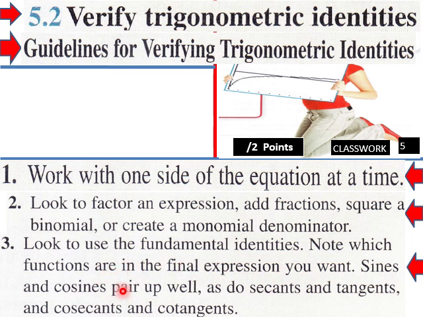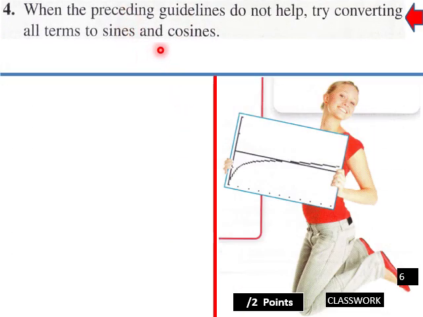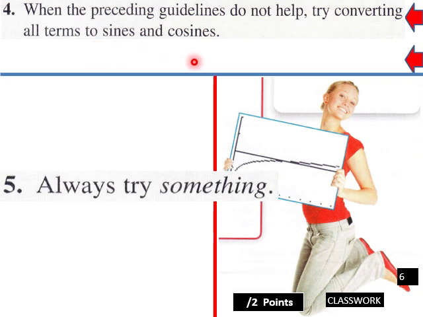Note which functions are in the final expression you want. Sines and cosines pair up well, as do secants and tangents, and cosecants and cotangents. So there is a strategy here to verify trig identities. And 4, when the preceding guidelines do not help, try converting all terms to sines and cosines.